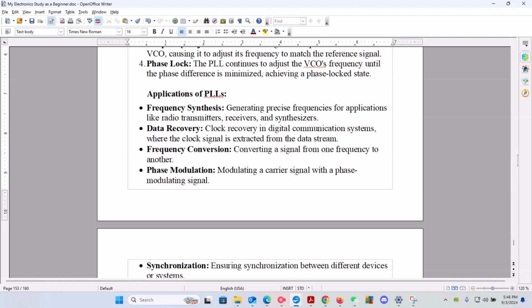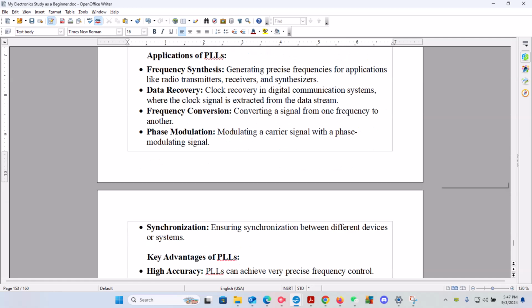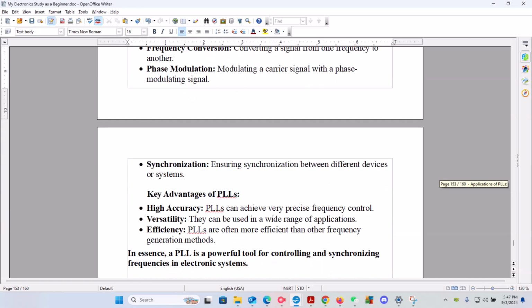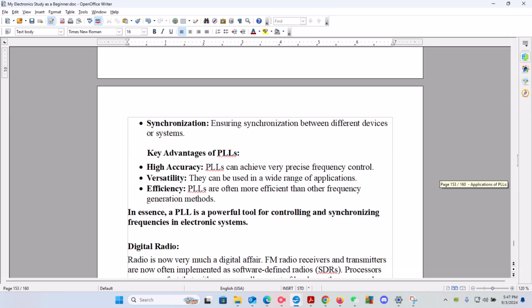We also have frequency conversion, which is converting a signal from one frequency to another. So that would basically, if I understand this right, be from an AM to an FM signal. Then we have phase modulation, which is modulating the carrier signal with a phase modulating signal. And then, of course, we have synchronization, which is ensuring synchronization between different devices or systems.